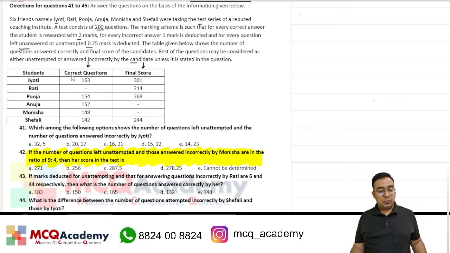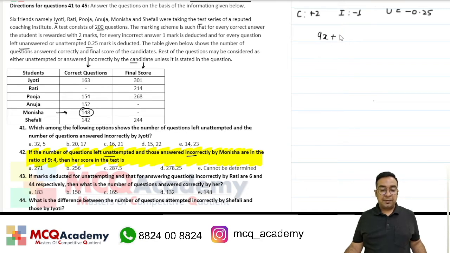We are provided with the correct number of questions that she has answered. तो going by the same values, तो पहली चीज हमें यहाँ पे incorrect और unattempted questions का नंबर पता लगाना होगा. तो क्योंकि हमें दे रखे हैं इनके ratios 9:4, याद रखिएगा left unattempted and incorrect. तो unattempted का नंबर हमें दे रखा है 9x, हमने इसको ले लिया 9x, और incorrect का नंबर हमें दे रखा है 4 ratio में. So this is equal to 4x.